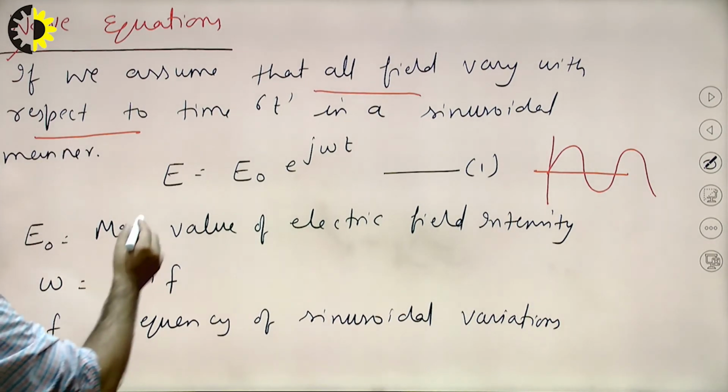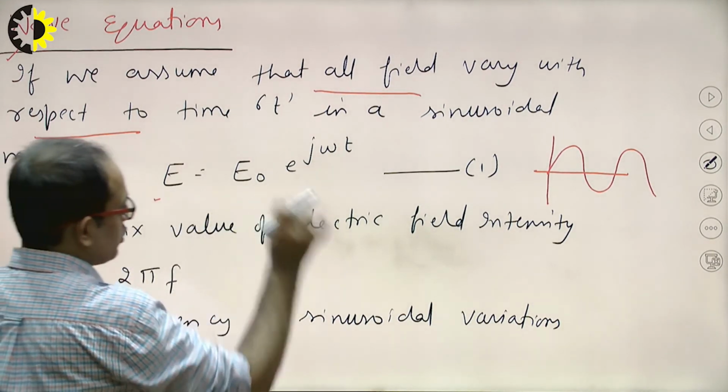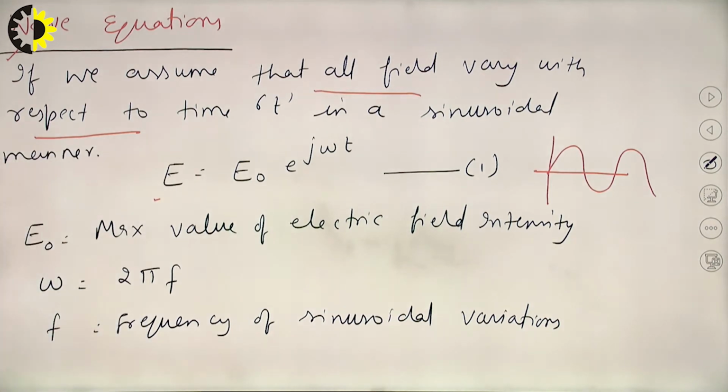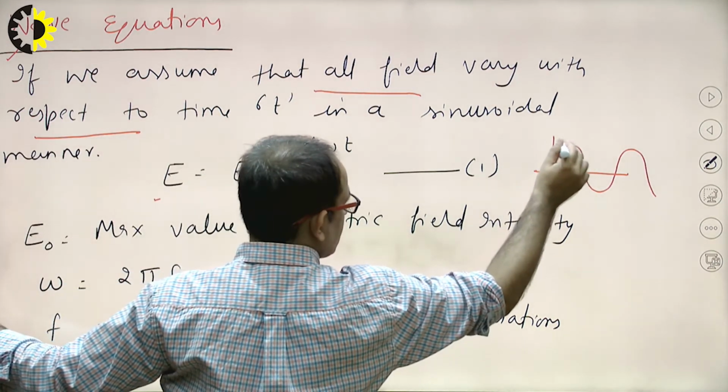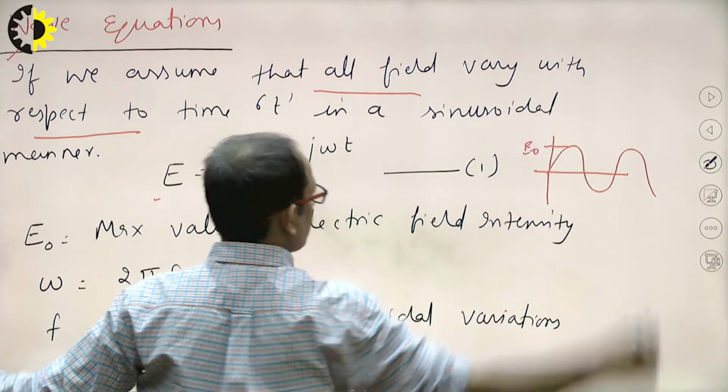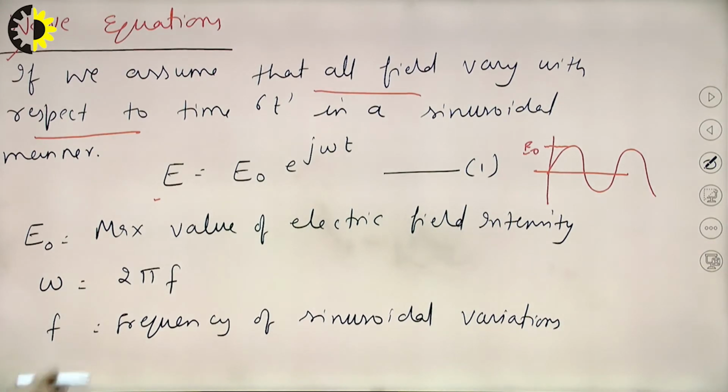That means electric field E equals E naught e to the power j omega t, where E naught is the maximum value of electric field intensity, and omega is 2 pi f, where f is the frequency of the wave.